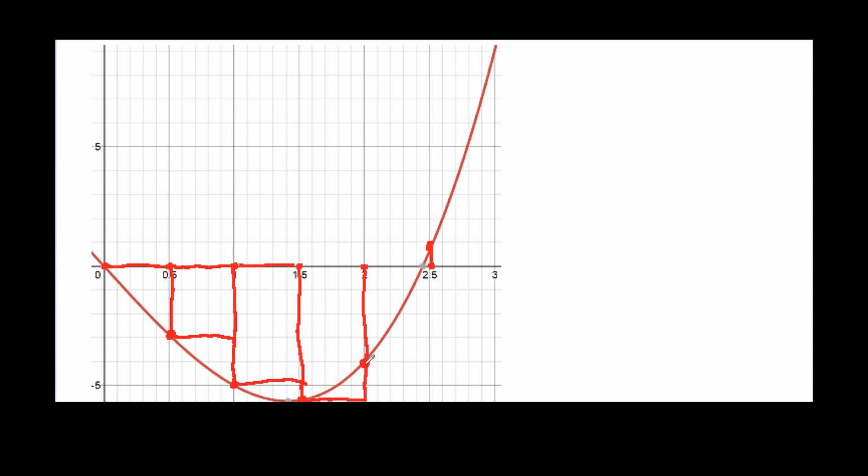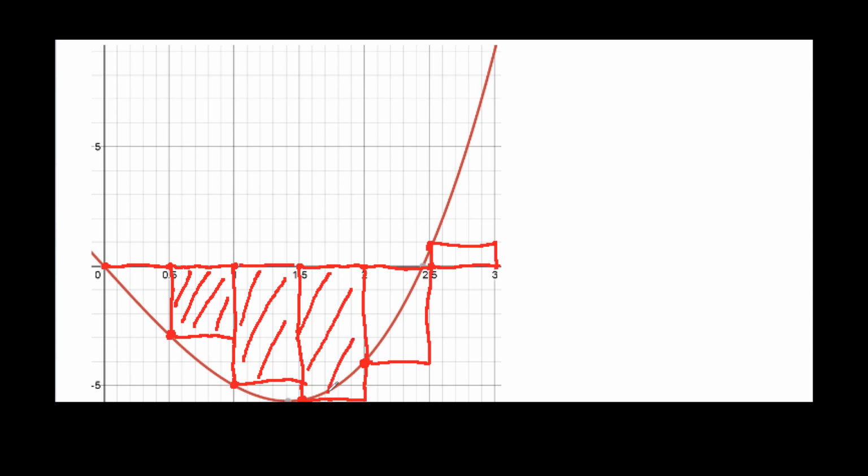Notice that these ones here sit outside of the function, and the last one actually gives us some positive area. So let's indicate this: our first one doesn't have any area, the next 4 have a negative value, and the last one has positive area.